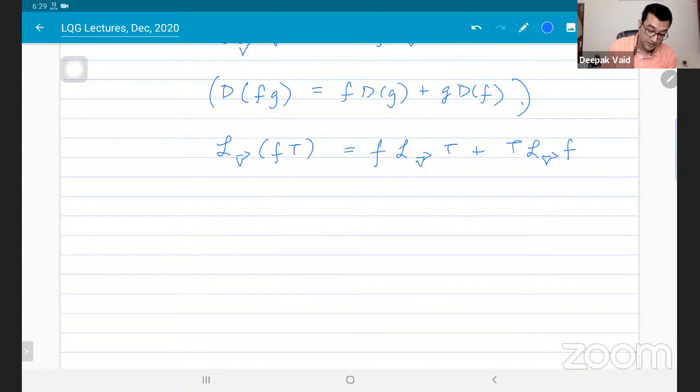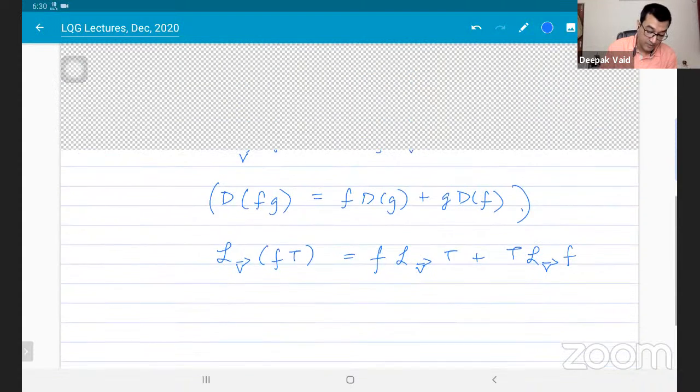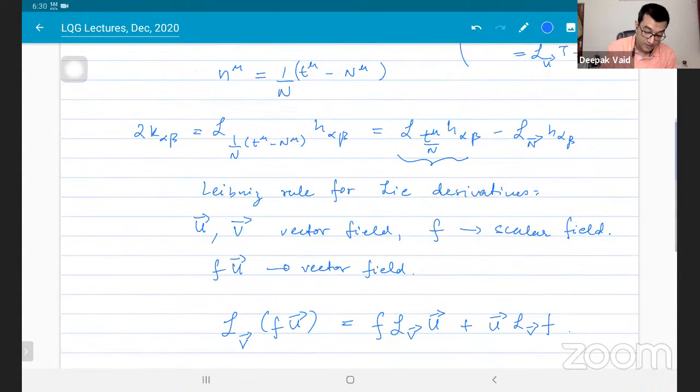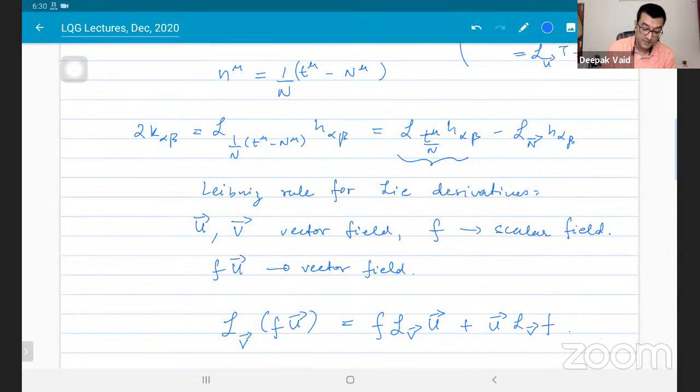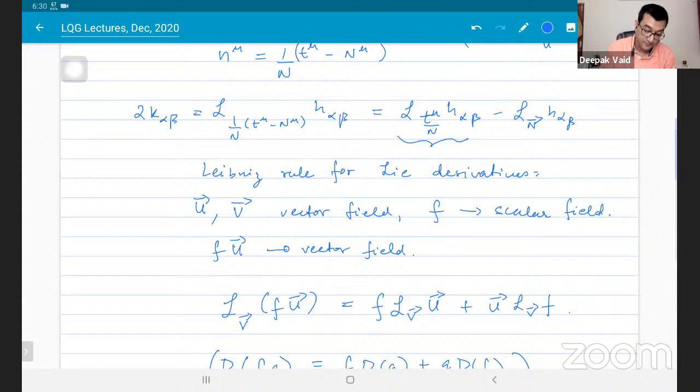Now we can apply this Leibniz rule to this expression. So this expression is 1 by n multiplied by, okay, so again, mistake there. I guess we can't apply the Leibniz rule.